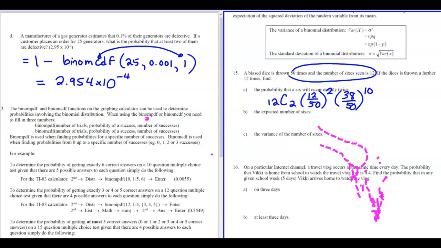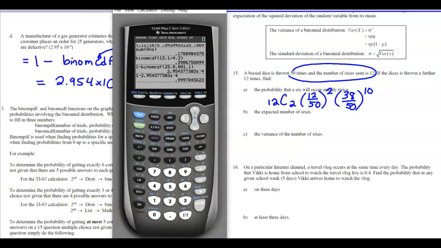Or you can use your binomial in the other way. You can do 12C2, which is 12 times 11 divided by 2, 6 times 11 is 66, times.